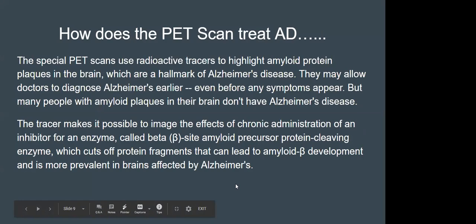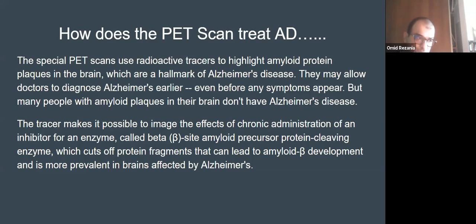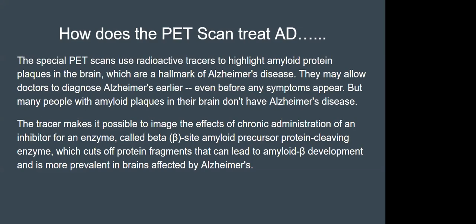And so, how does the PET scan treat Alzheimer's disease? The special PET scans use radioactive tracers to highlight amyloid protein plaques in the brain, which are a hallmark of AD. They may allow doctors to diagnose Alzheimer's earlier, even before any symptoms appear.